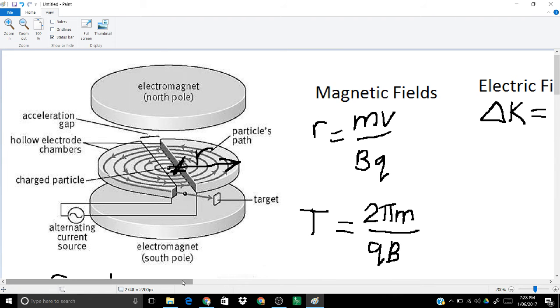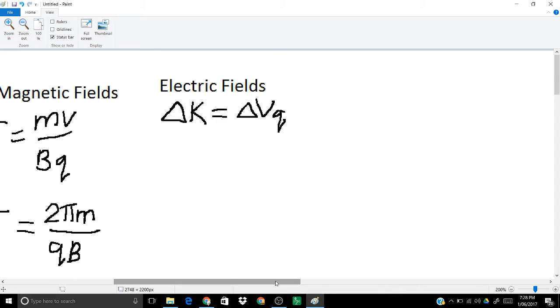Okay, we've got another equation for kinetic energy that we're aware of, which is K equals half mv squared. Okay, so that's another formula for kinetic energy.